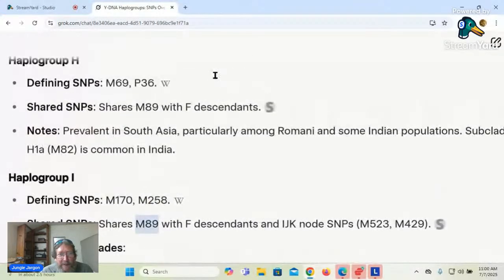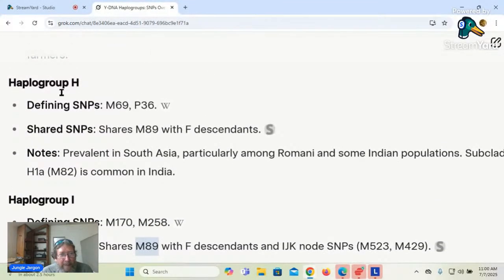Because the out of Africa is the one going backwards in reality. But they're all, even though they're labeled different, the defining marker, or the shared marker, not the defining marker, the shared marker remains the same.